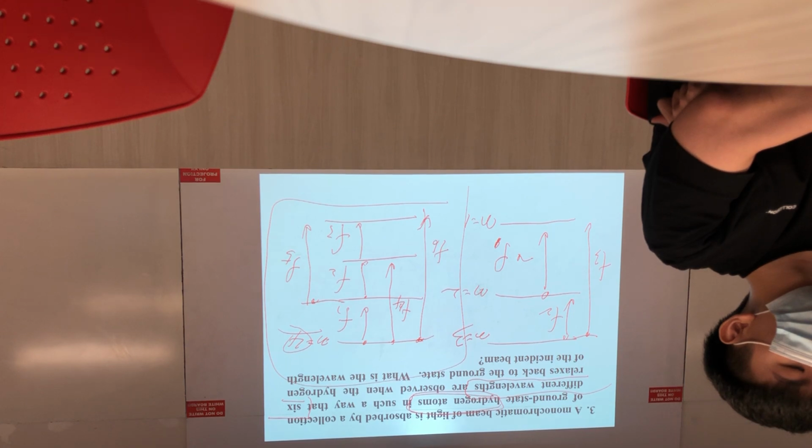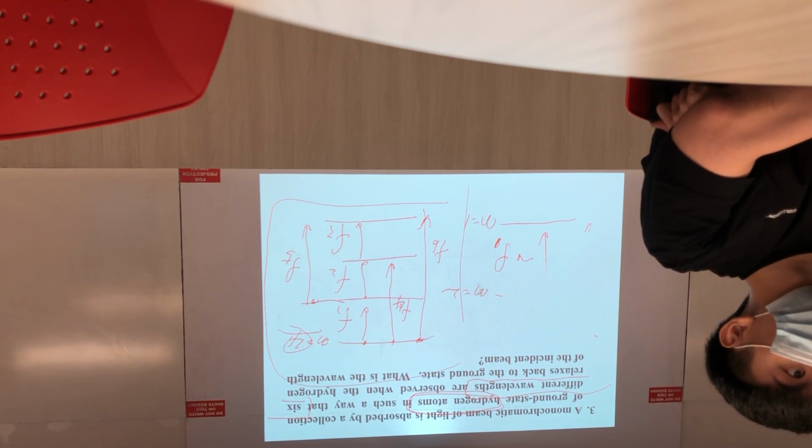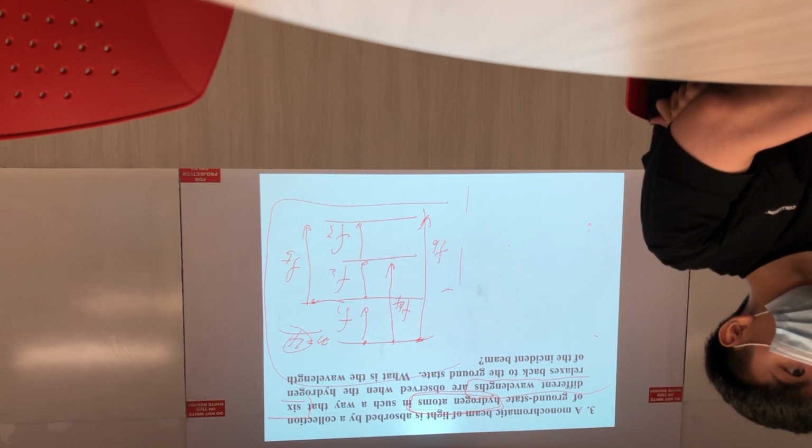Then, in order to have these emissions, the first requirement is that the electron on the first level must be excited to the uppermost level. So this is the very first condition. Then, what should be the wavelength to make this excitation?